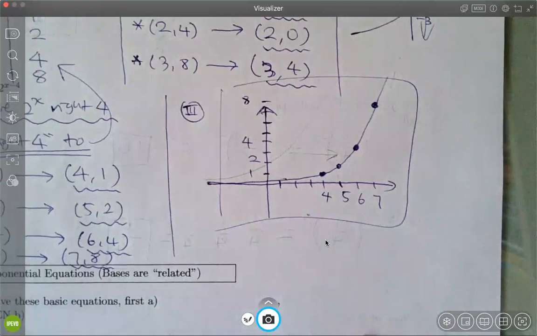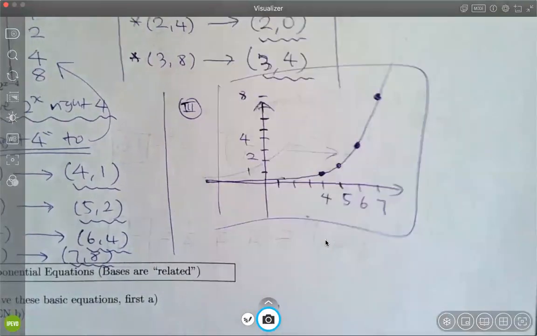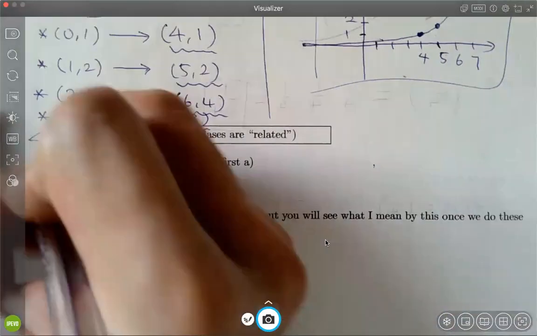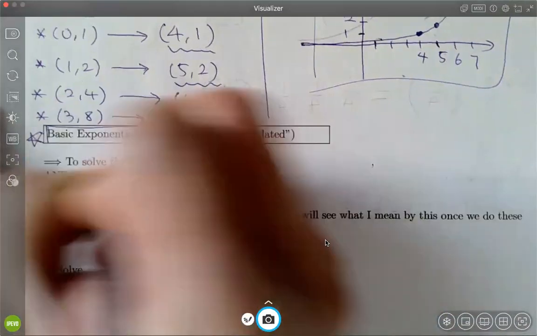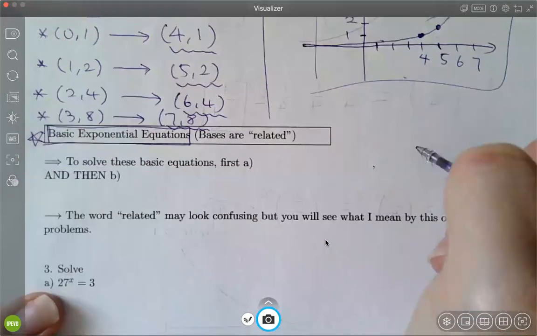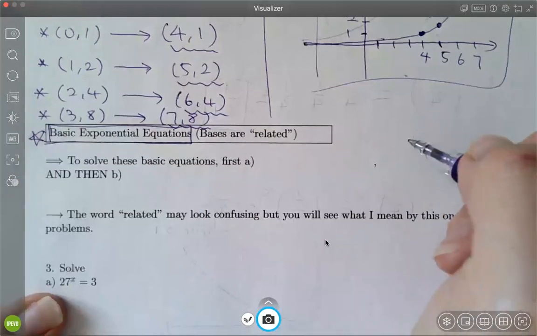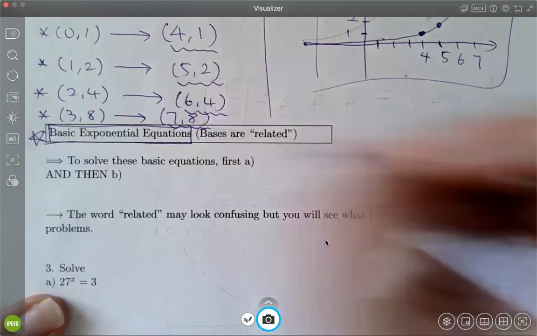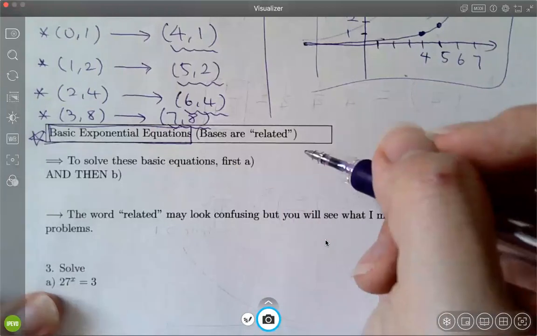Okay, so now let's briefly start the next concept, which is basic exponential equations. Now we will see not so basic equations in section 4.5, but here we will be dealing with very basic equations.